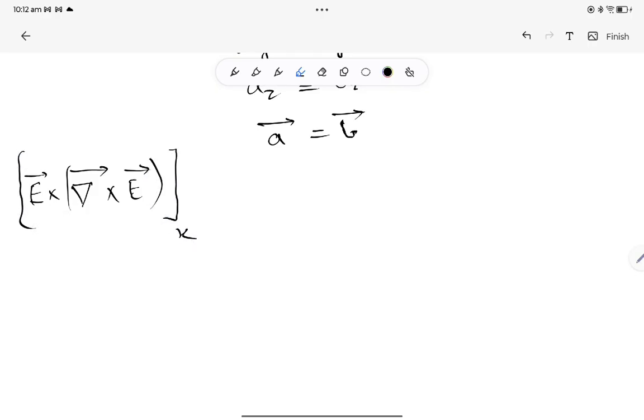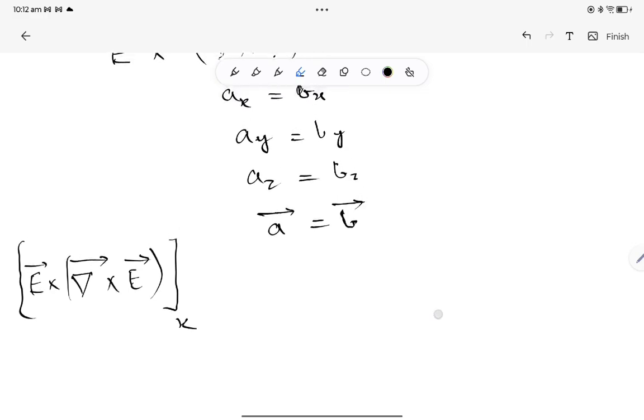Now for that, we must keep one thing in mind. That will make it quite easy for us. What is that?